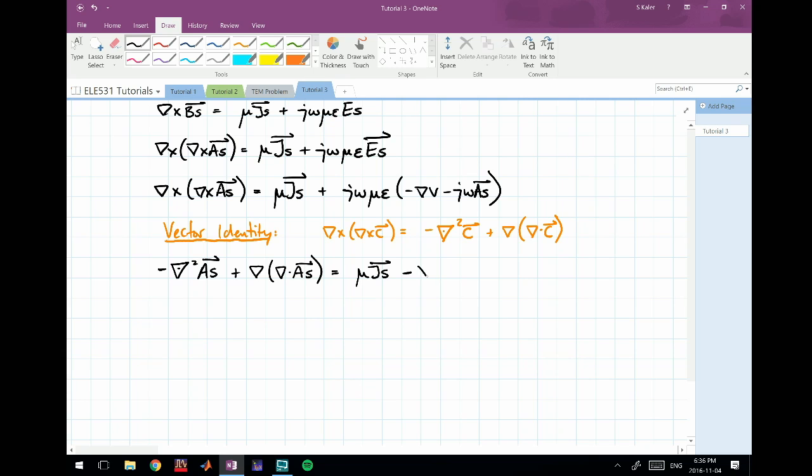Let's say minus j omega mu epsilon gradient V and minus j squared omega squared mu epsilon As. Right?